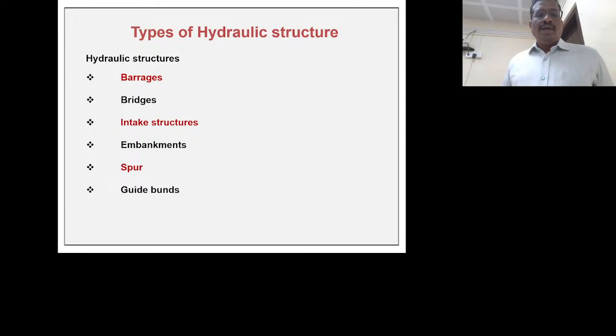Bridges are used for transportation from one bank to the other bank. We mostly construct bridges for transportation purposes. A bridge consists of a number of piers, approach roads, and slab.